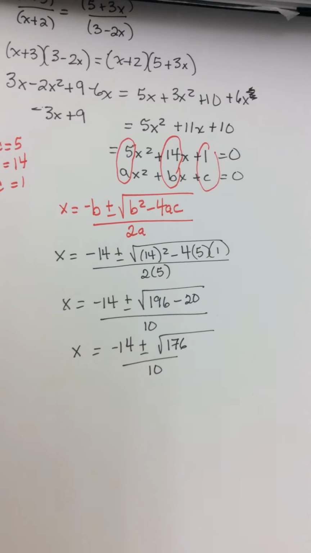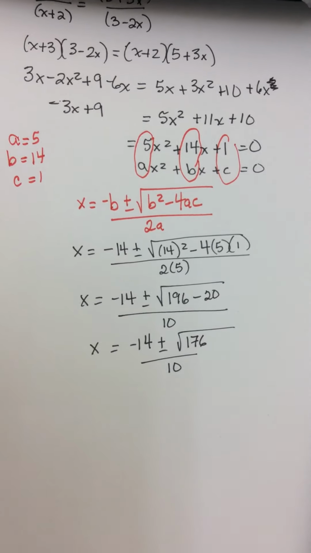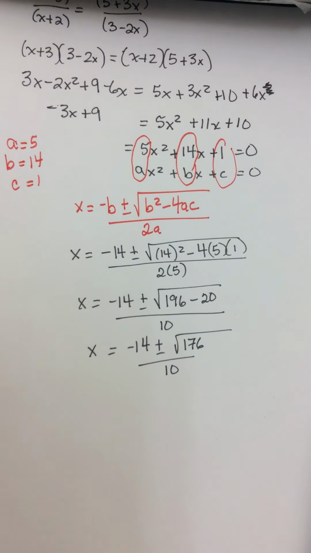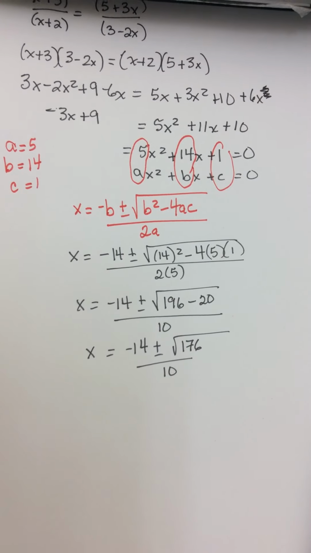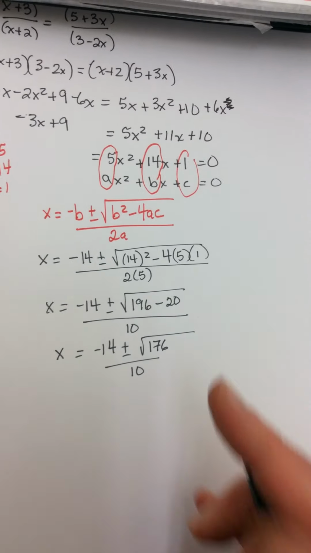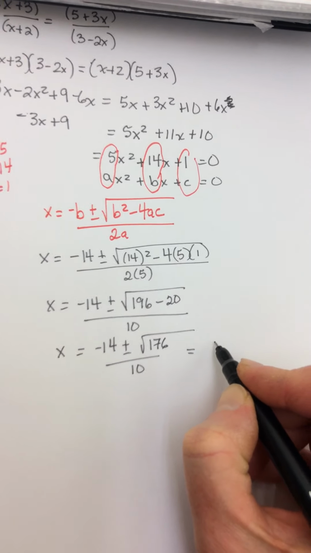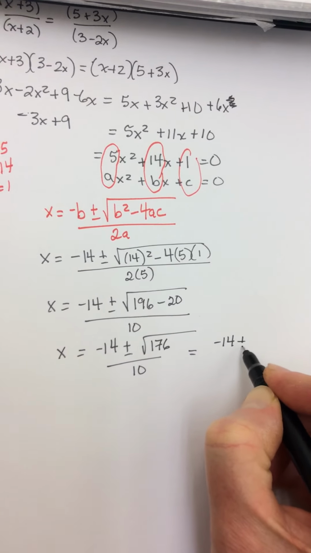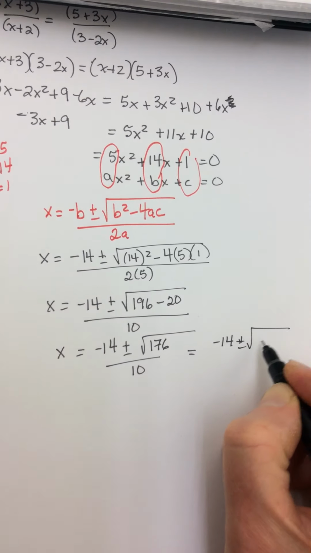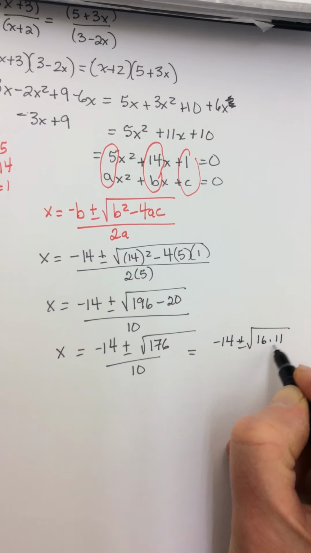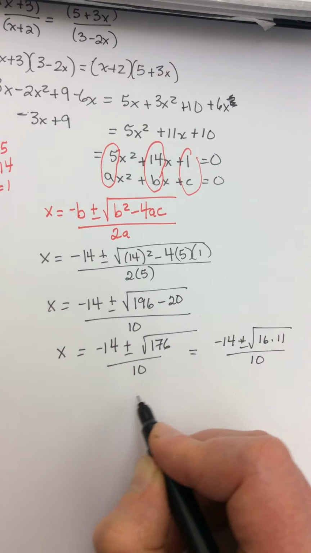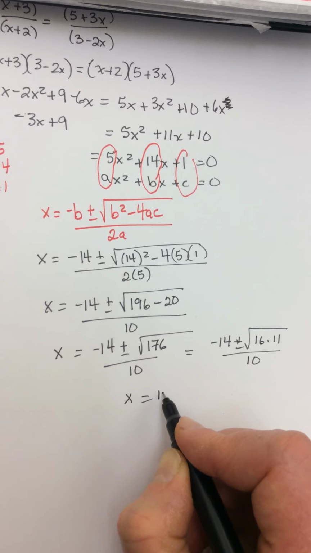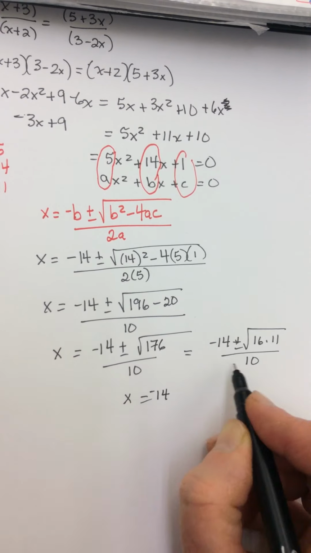So if you were to take your calculator and do 176 divided by 16, which is 4 twice, you find out that it's 11. So this is the same as minus 14 plus or minus the square root of 16 times 11 over 10. And 16 is a perfect square, so you could pull it out.